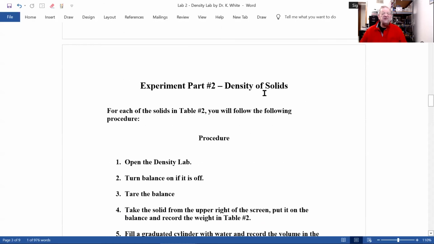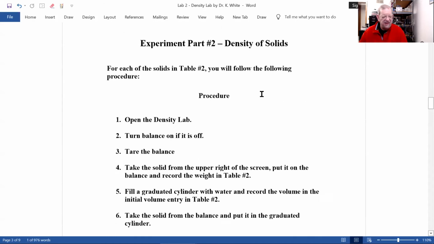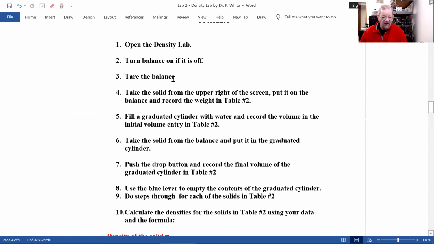Now, you'll also do density of solids. And here, you'll weigh the solid and record it. And then in a graduated cylinder, you'll put some water. I'm going to go through this in Beyond Labz, so you'll see how to actually do this. And record that initial volume. Then you'll take the solid from the balance, put it over a graduated cylinder, and drop it.